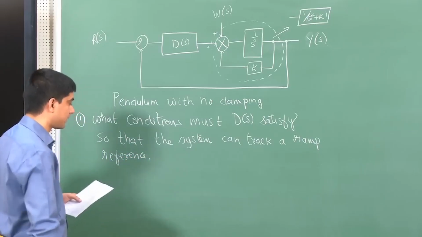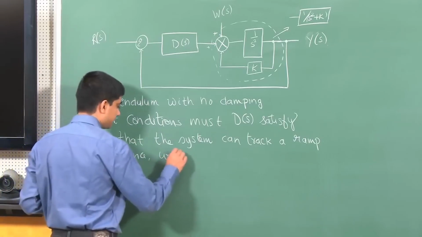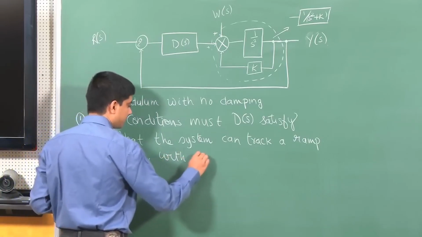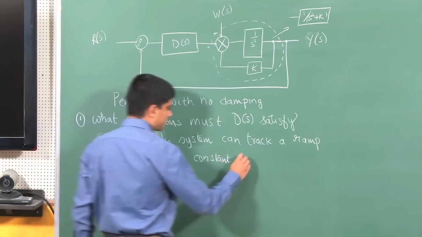Okay, so are there any specifications on the steady state error? Well, the specification is that it tracks a ramp reference with constant steady state error.